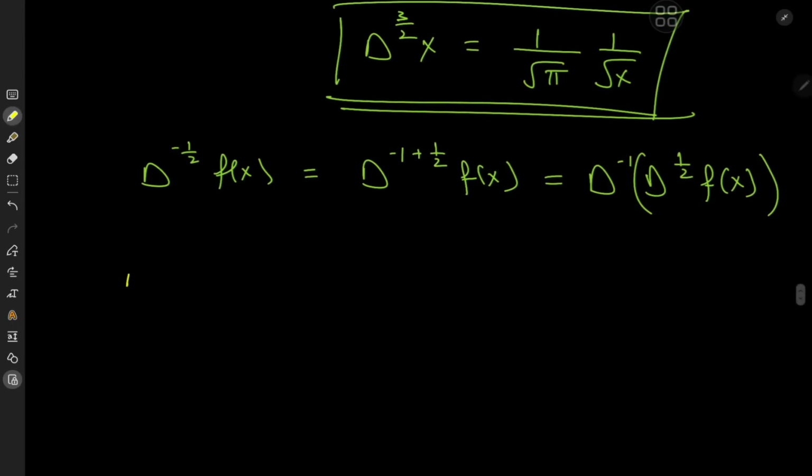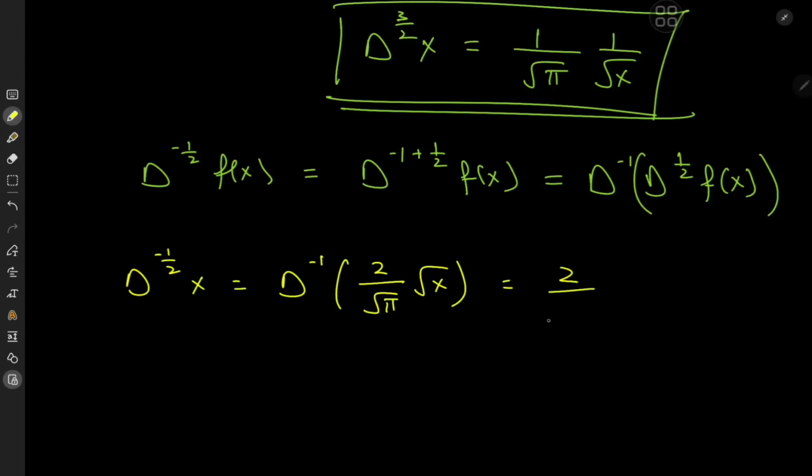So if we define the negative half derivative in this manner, we have d to the negative 1/2 of our function x being equal to d to the negative 1 times the half derivative of x, which we know and love to be 2 divided by root pi times root x. And because this inverse operator is the integral operator, we have 2 divided by root pi times the integral of root x dx.